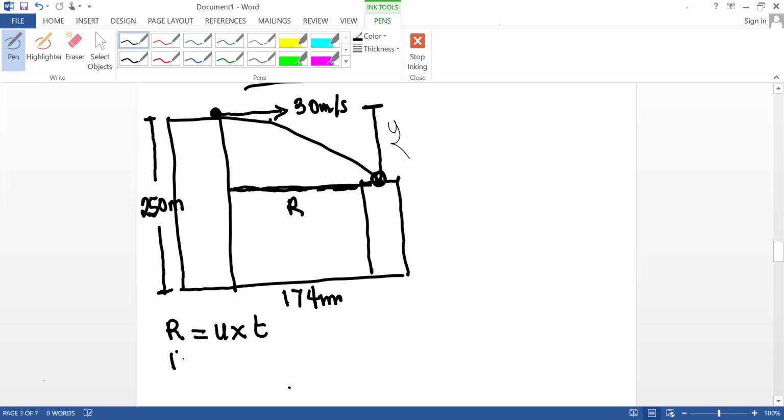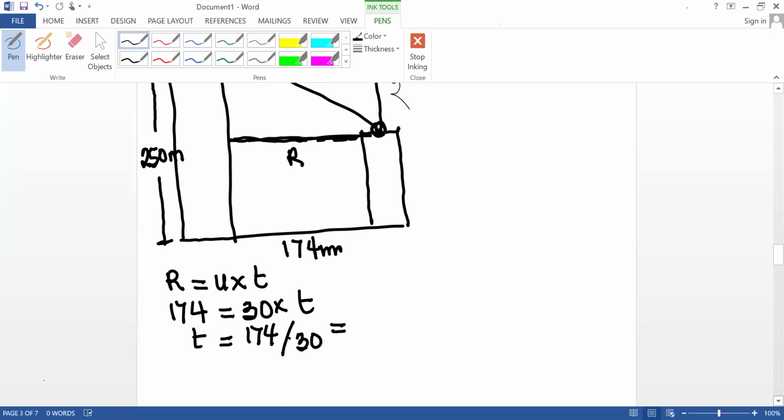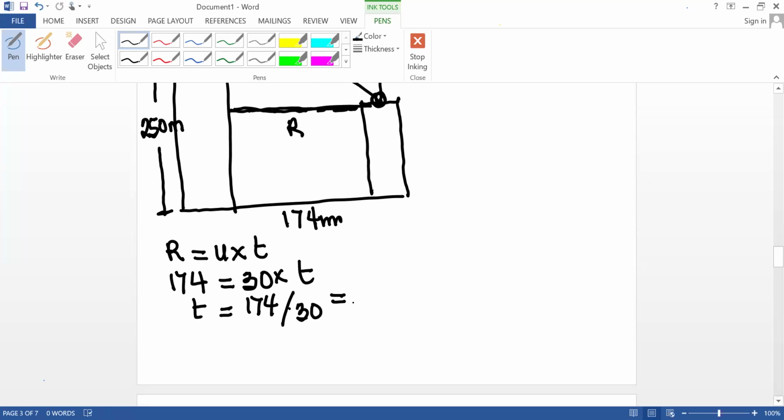The range is 174, which is equal to 30 times T. T can therefore be calculated easily: 174 divided by 30. What is 174 divided by 30? 5.8 seconds.